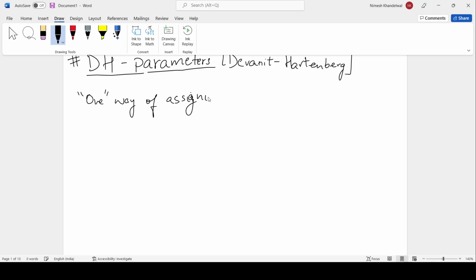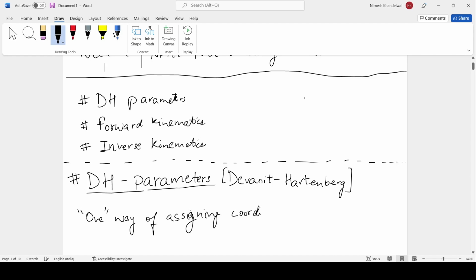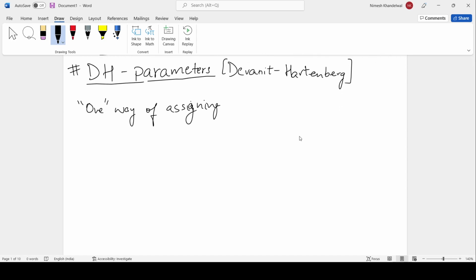Assigning coordinate systems, or I should just write frames, to each link.